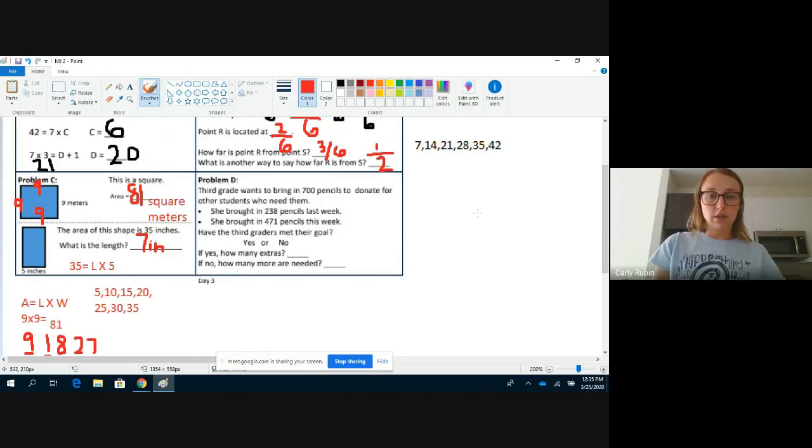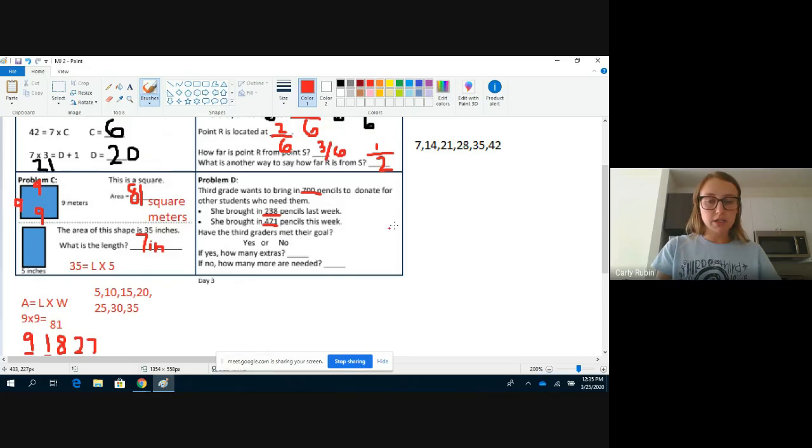So we know that the goal is 700 pencils. All right, 238 last week, 471 this week. So first, we need to figure out if they have reached their goal.